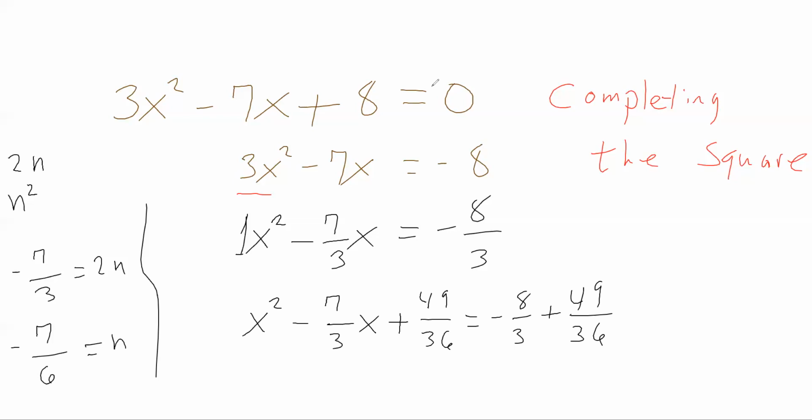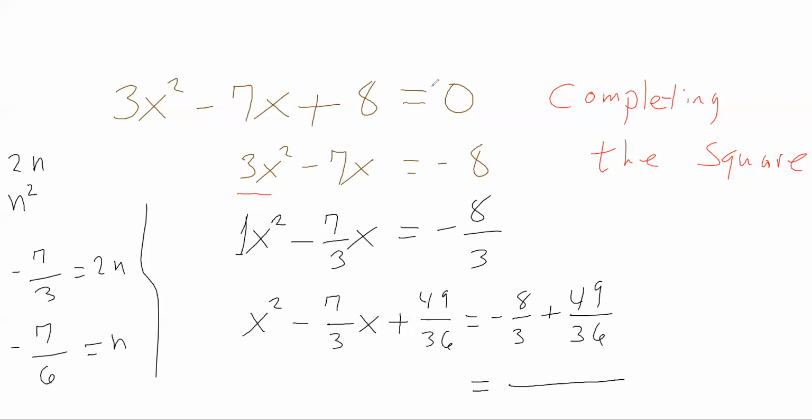Okay, so we have 49 over 36. To get to 36, I would have to multiply 3 by 12. So I'm also going to need to multiply the 8 by 12 to do that. So what would that give me? Go ahead and write it like this.